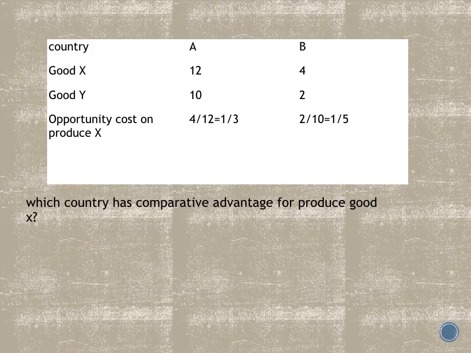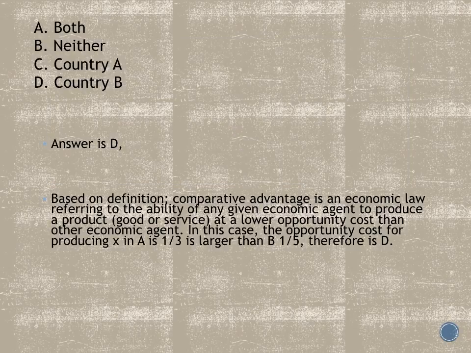Next, we move on to comparative advantage. There are still two countries, A and B. According to this table, country A has good X at 12 and B has good X at 4. To solve this question, let's do a little review on what comparative advantage is.